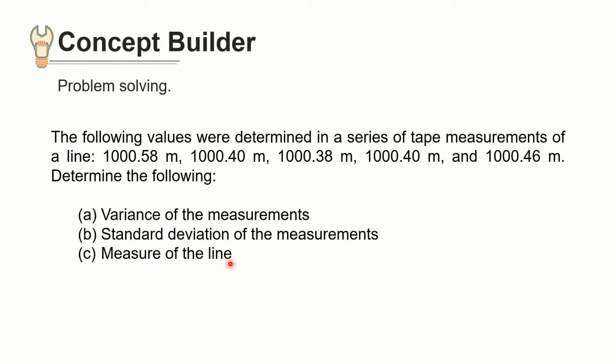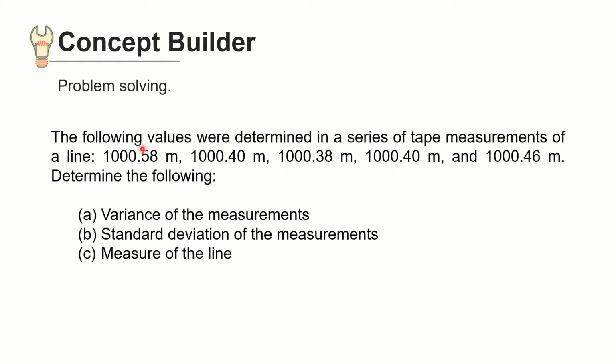Let us have an example. We have here a problem which states that the following values were determined in a series of tape measurements of a line. Nag-measure tayo ng isang line and the obtained values are the following: 1,000.58 meters, 1,000.40 meters, 1,000.38 meters, 1,000.40 meters, and 1,000.46 meters.